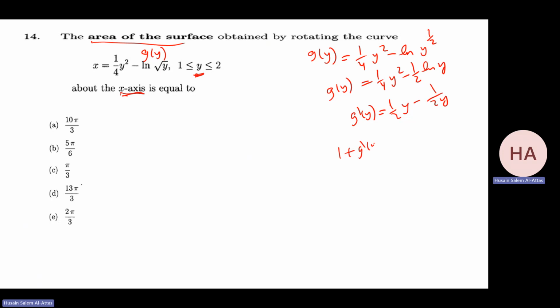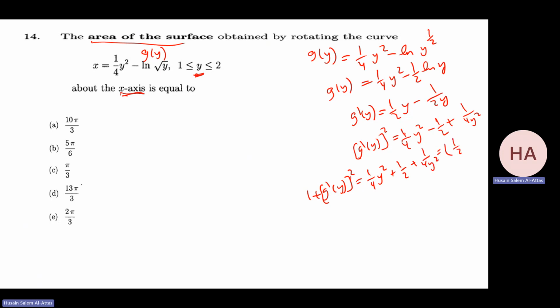1 plus g prime squared. I think we need the trick of the half. So let me find g prime squared first. It will be 1 over 4 y squared minus this times this. It will be 1 over 4 times 2 half. So I need the trick of the half. 1 over 4 y squared. So 1 plus g prime of y, all squared, will be 1 over 4 y squared minus plus half plus 1 over 4 y squared.